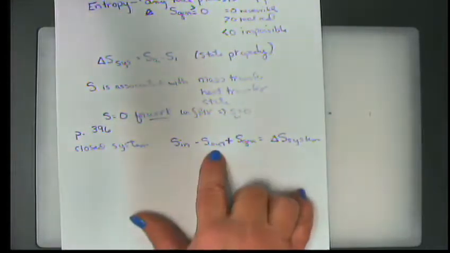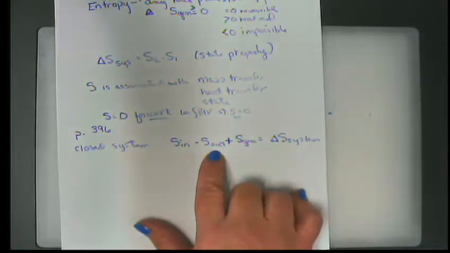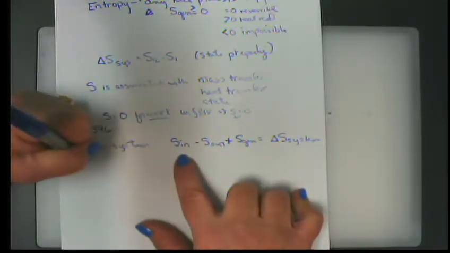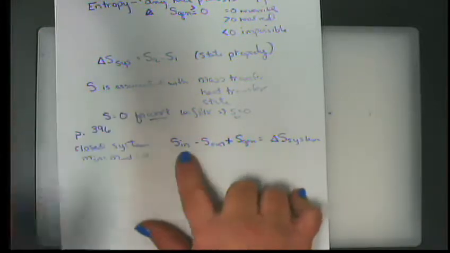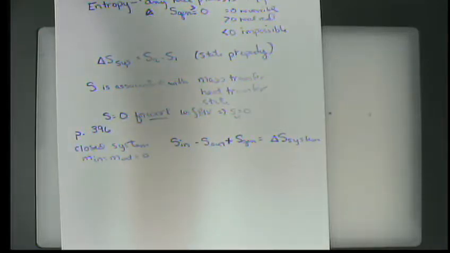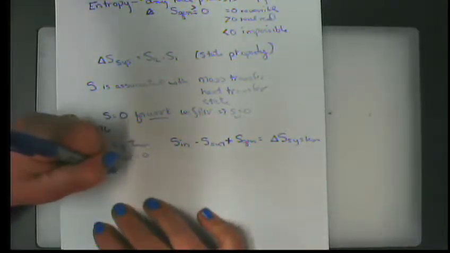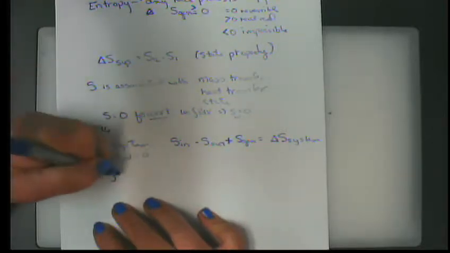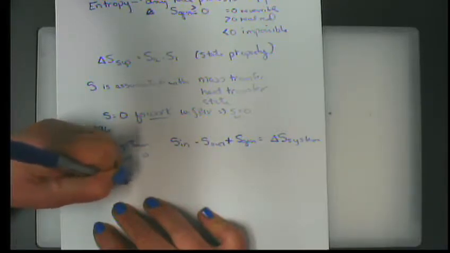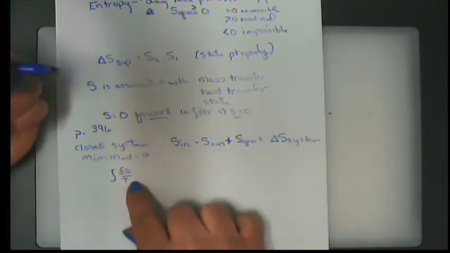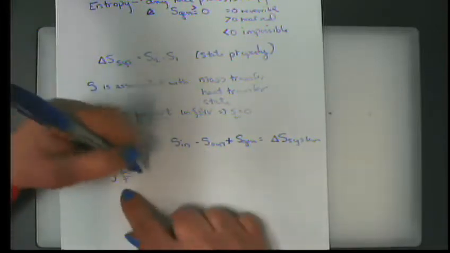Now, in general, if we do not have mass going in and out, we know that the only way that energy can enter or leave a system is by a heat transfer. And we further know that the integral of del Q over T is approximately equal to S in or S out.